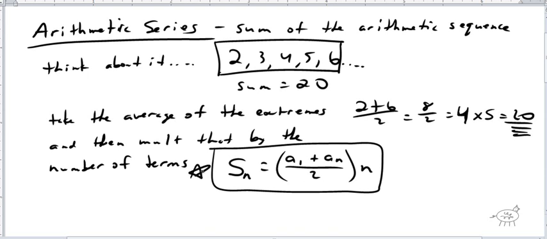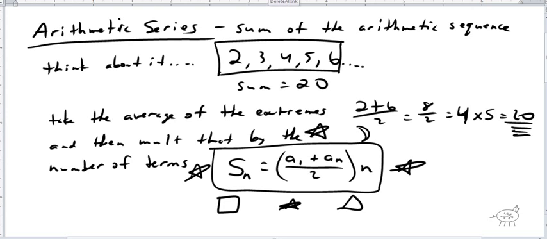This is one to put stars, moons, whatever you want around. That is a super, super important formula. Got to know that one. That was arithmetic series, the sum of a sequence.